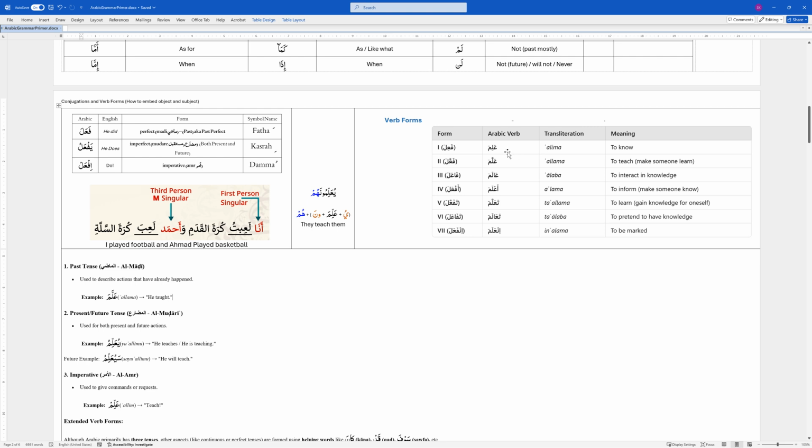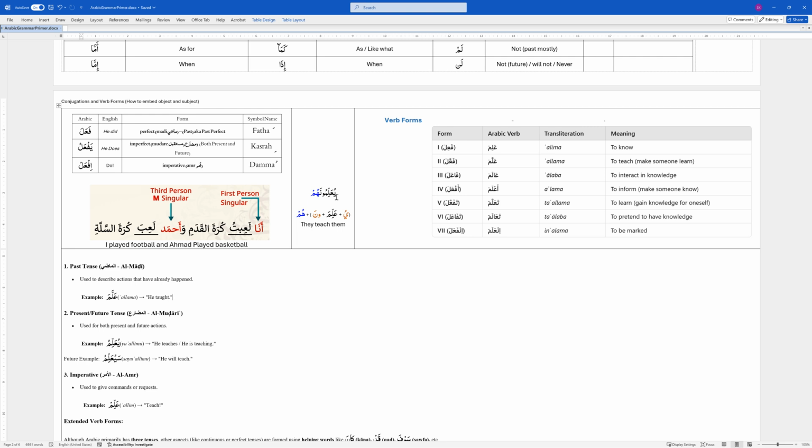For example, to know and to teach are disambiguated only by these diacritic marks, right? So when the complexity increases, it will definitely mean a lot of different things, and it will start to make a lot less sense.